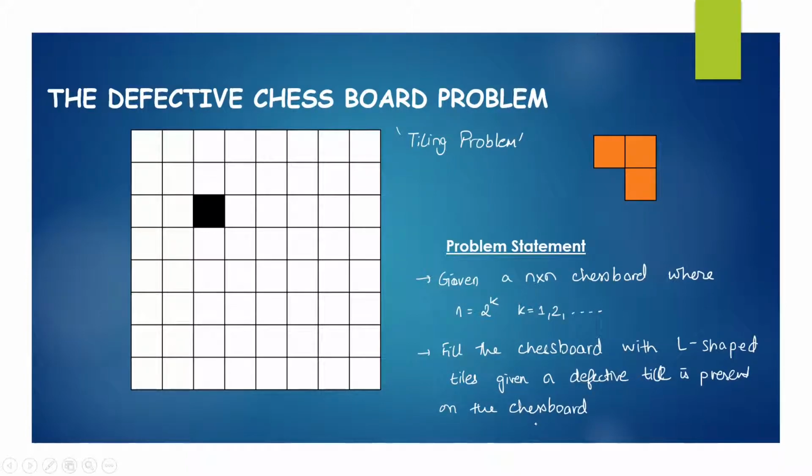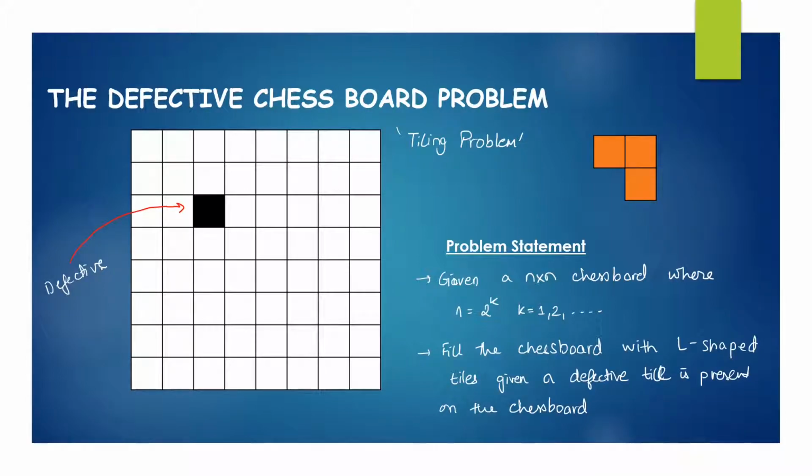It is a position on the chessboard, a square on the chessboard that is like broken, or there is a hole there. Basically in this figure, the black tile shown here is your defective one. So this is defective. Basically this tile is your defective tile. So this is just for an illustration purpose.